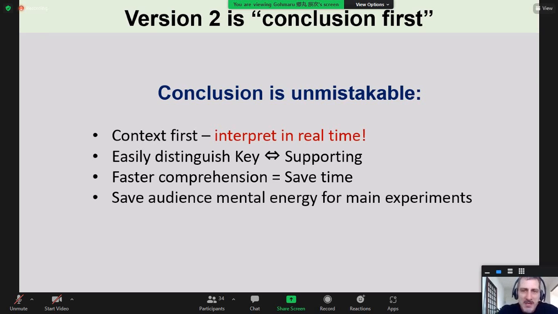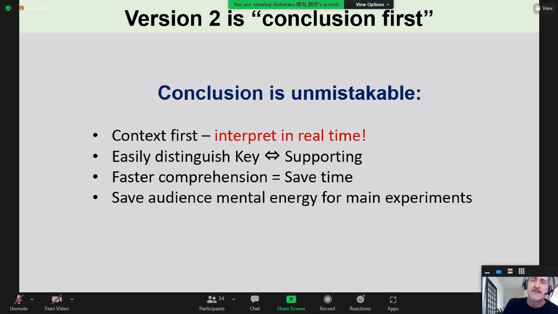But your newest, most important experiments, you do want the audience to have an open mind and use their mental energy to deeply comprehend at least those experimental results and decide, do I agree with this? Do I have any alternative ideas, etc.?